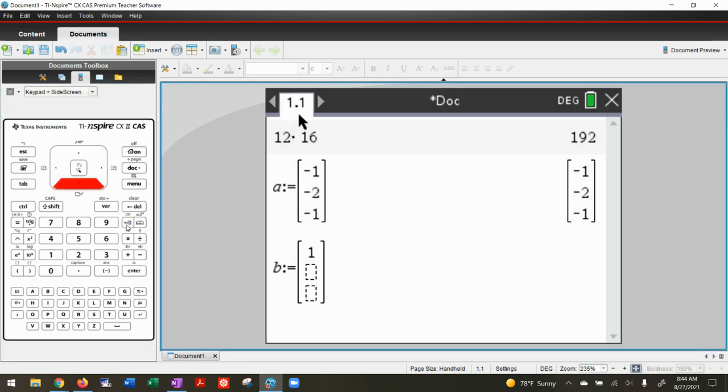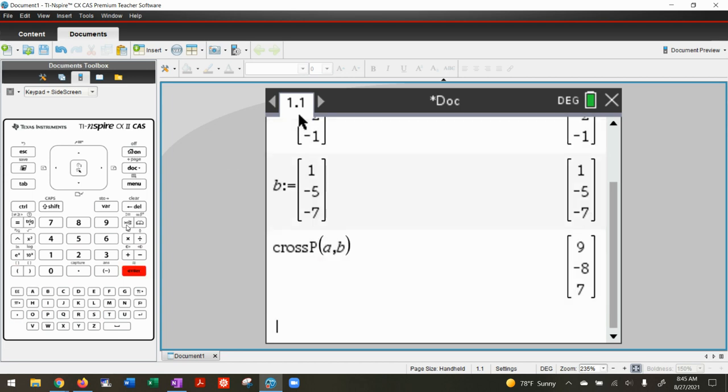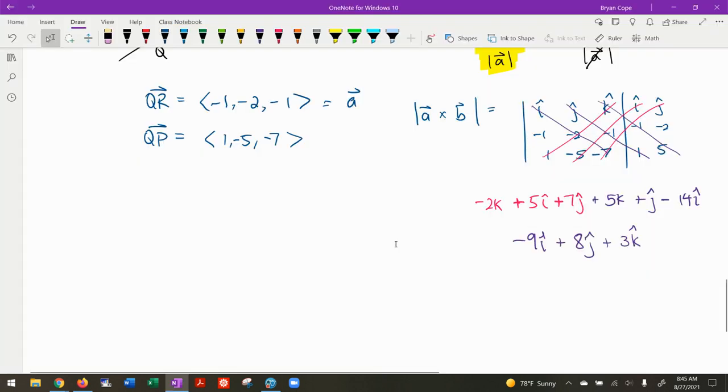Okay, 1, -5, -7. So the magnitude is product of A and B. Okay, so why am I not getting 7 for the last component? Sorry to waste your time on the video here with this. Oh, because I didn't change this to a -5 as well.